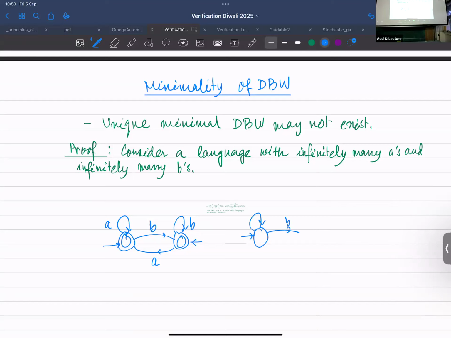Now from this accepting state, if we see a B or an A, we'll go to the third state. Here, if we see a B, we will stay here. Once we see an A, we will come back. And when I see A or B here, we will go back to the first state.